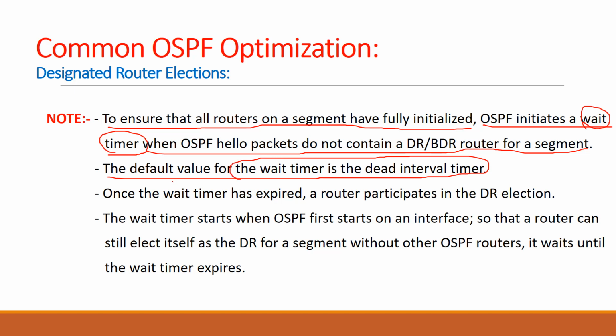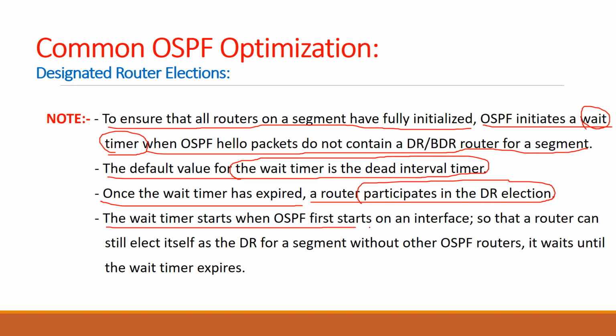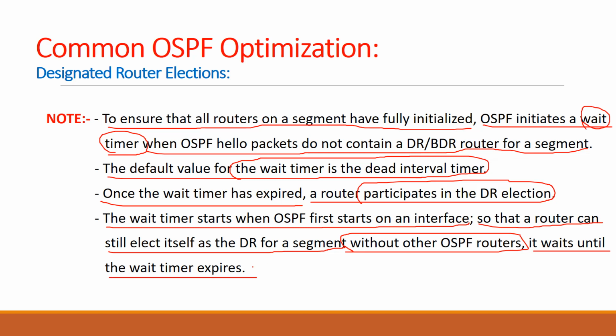Once the wait timer has expired, a router participates in the DR election. The wait timer starts when OSPF first starts on an interface, so that a router can still elect itself as the DR for a segment without other OSPF routers. It waits until the wait timer expires.